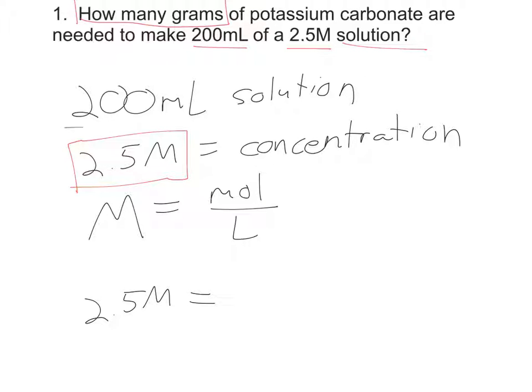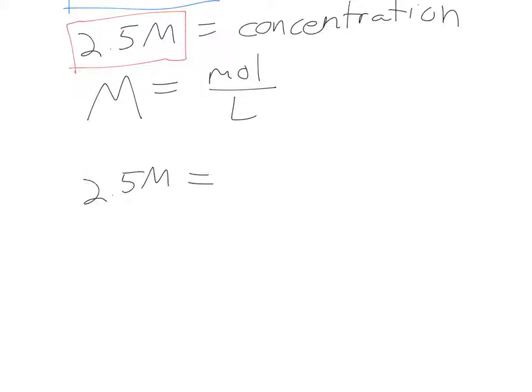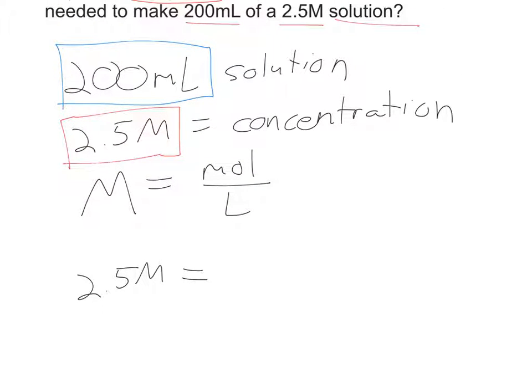Now, if you look here, I have 200 milliliters. That's not liters yet, but we're going to make it liters, so keep that in the back of your mind. You always have to match your equation. And the equation here is moles on top, liters on bottom.